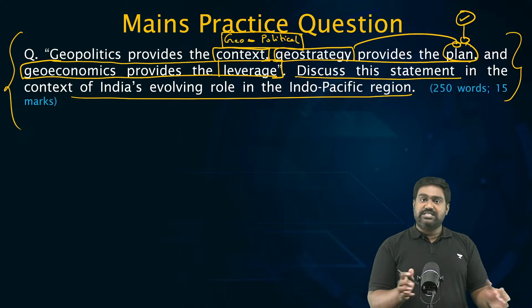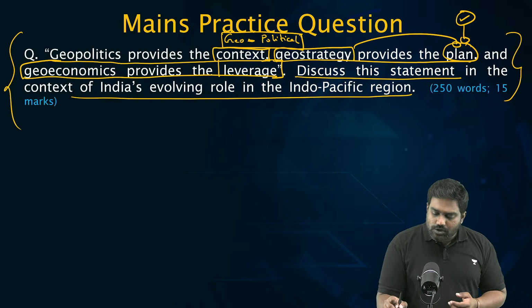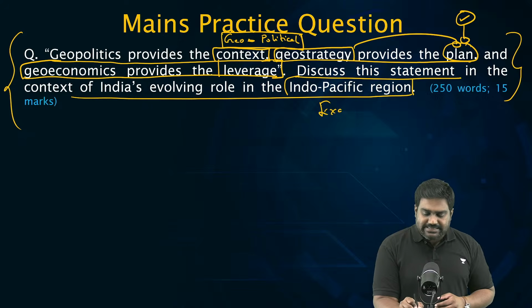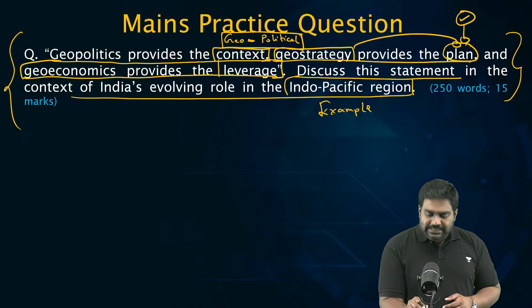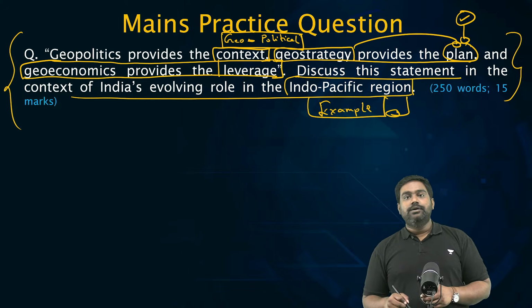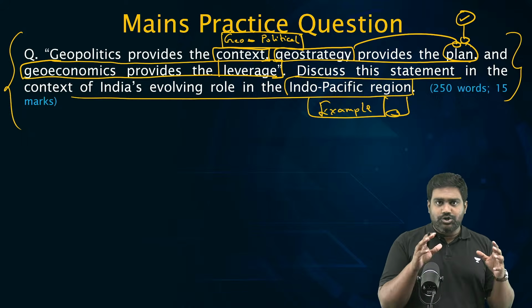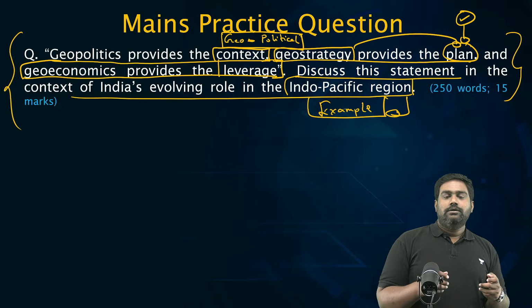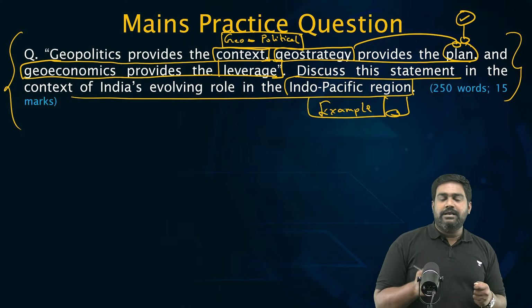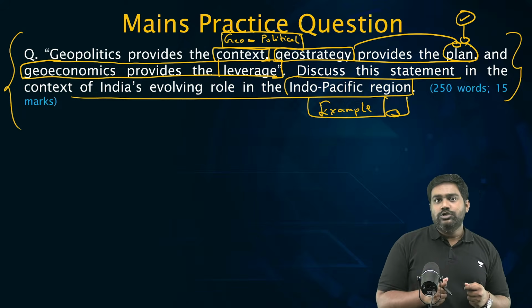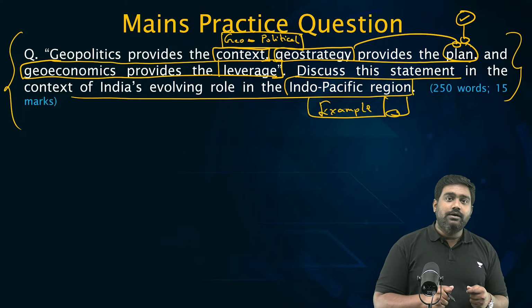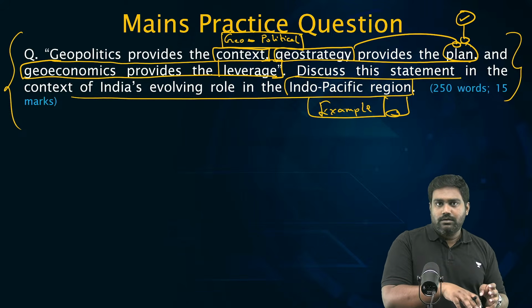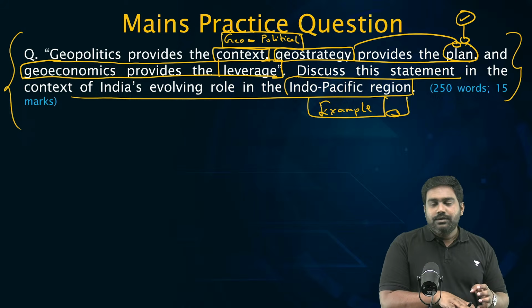So now you're asked to discuss the statement in the context of the Indo-Pacific region as an example. Let's see how many of you can do this. Take the Indo-Pacific, look at the geography, look at the map. Try to spend some time in understanding the physical and human geographical dimensions of the Indo-Pacific and see how you can apply that to this particular question, right?